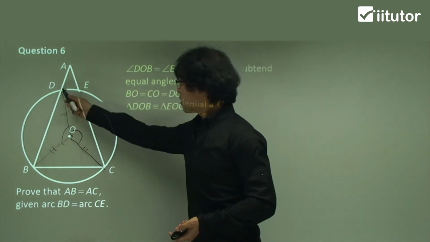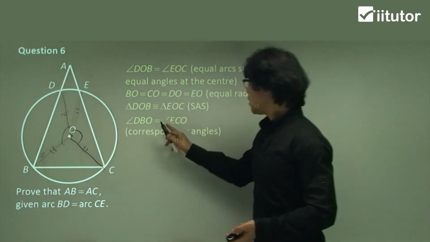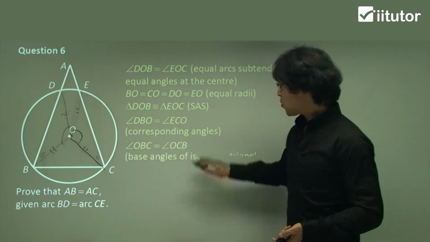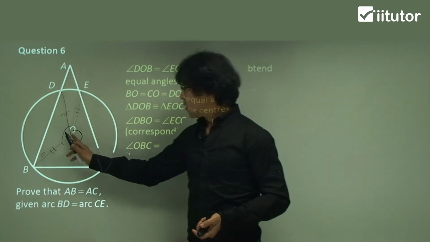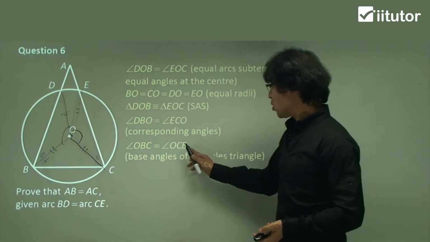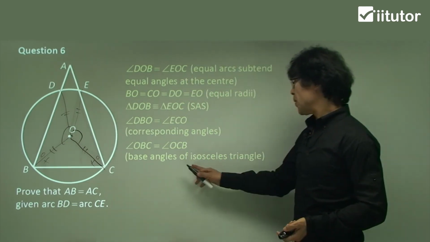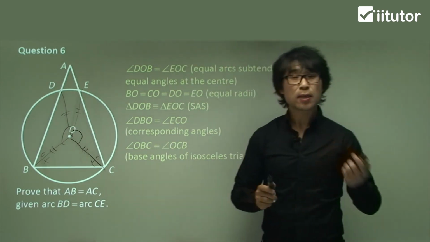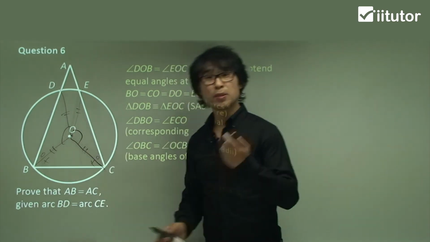Angle DBO is the same as angle ECO; these two angles are the same. And the bottom one, angle OBC, is equal to angle OCB, because of base angles of an isosceles triangle. Triangle OBC is an isosceles triangle, so the two base angles must be equal.